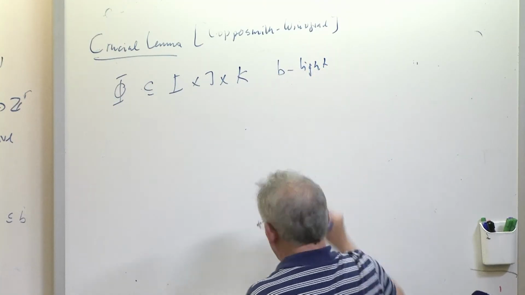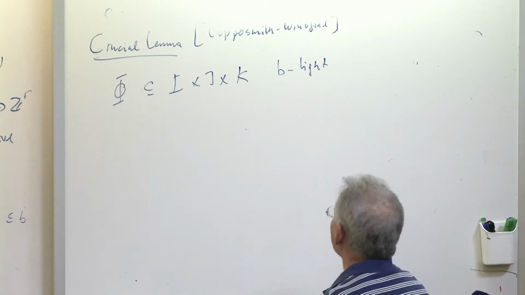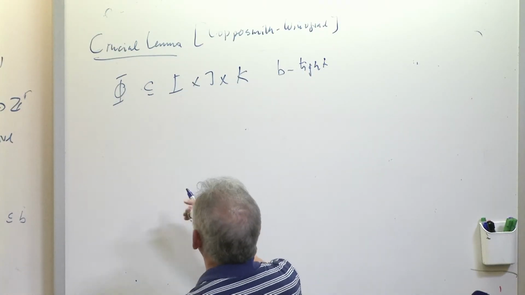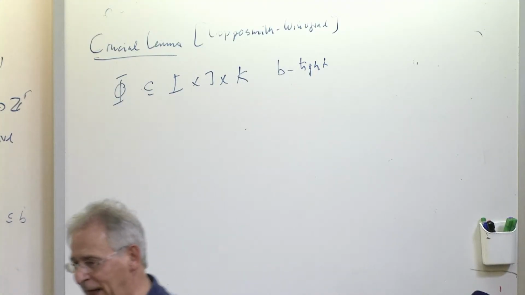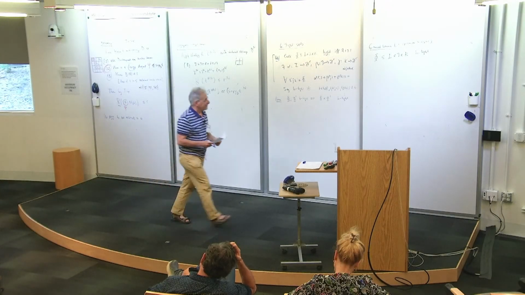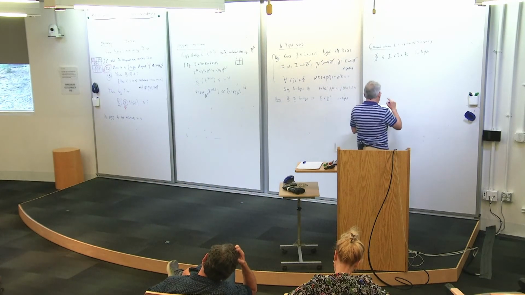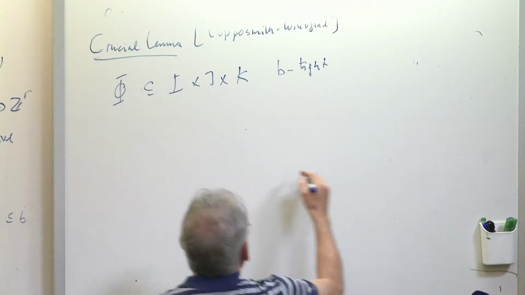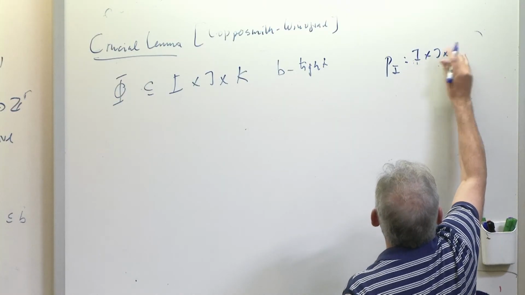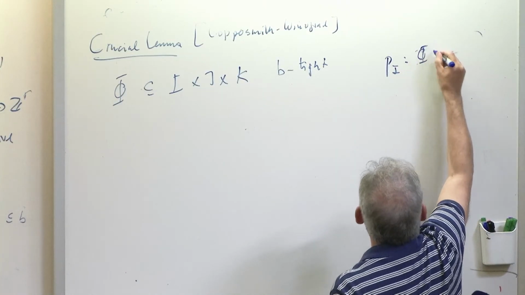Now there comes a technical condition, which I could weaken, but I write it for simplicity. I assume that phi is balanced in a way. I slice it, and in all the slices, in all three coordinate directions, I want to have the same number of points. So let's recall this definition, pi, it goes from phi, it's the projection.